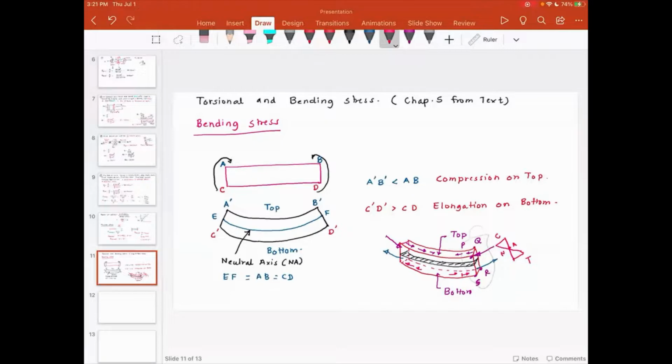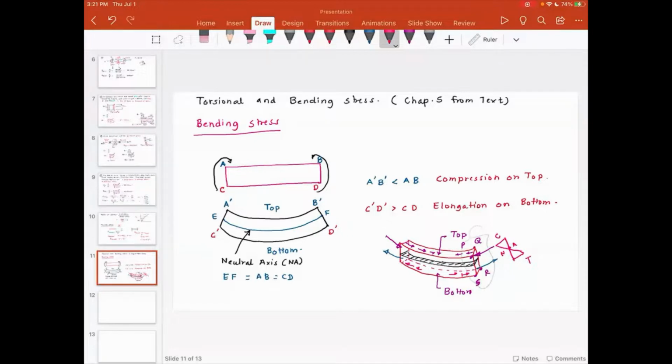So the stress is on the plane which is perpendicular to the load that is shown over here. Remember this, because this is very important when we look at the design of levers.